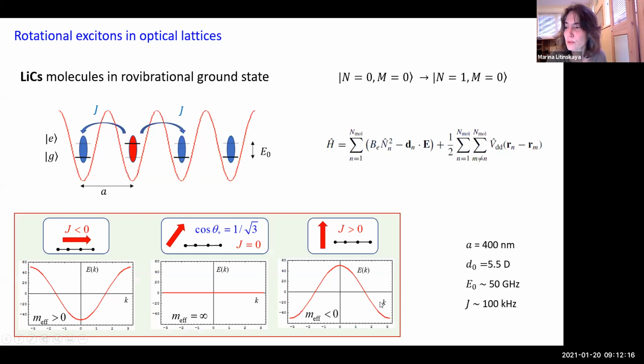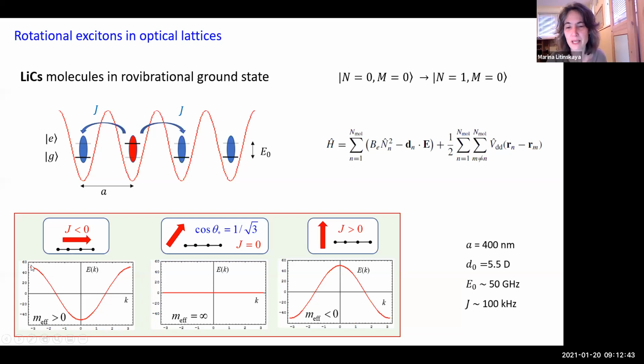The first bonus that we have, and these are the parameters. The parameters are, of course, different because we are dealing with a rotational excitation and not the electronic transition. But the first bonus that we have is that, for example, changing the direction of the electric field, we can modify the hopping parameter, the dipole-dipole interaction between the molecules.